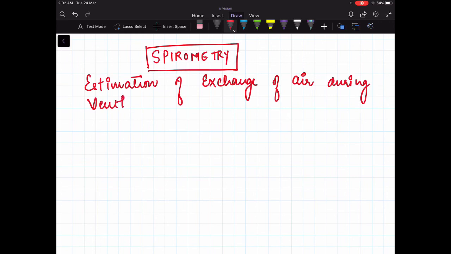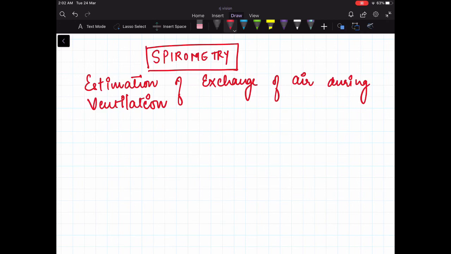So when we ventilate, that is when we breathe in, we breathe out. We breathe in, that is inspiration, breathe out, that is expiration. The method to measure the exchange of air that takes place during this process is known as spirometry.